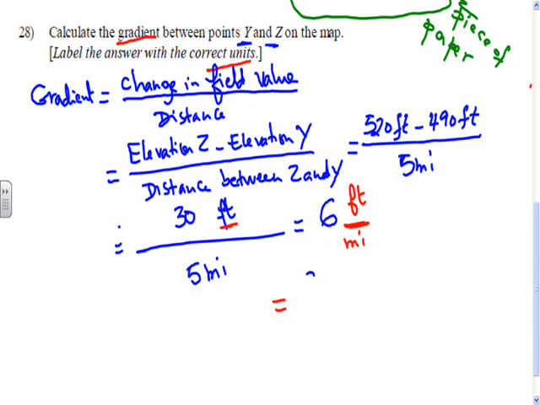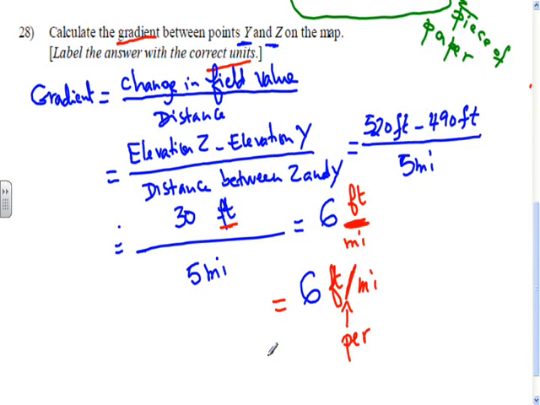So you write it as 6 feet. Instead of this symbol of divide, you just put a slash like this, and we read this slash as per. 6 feet per mile.